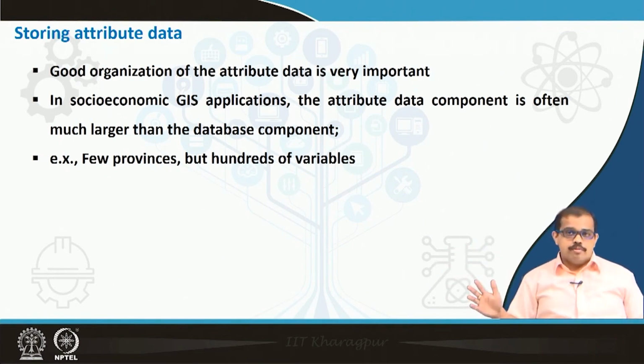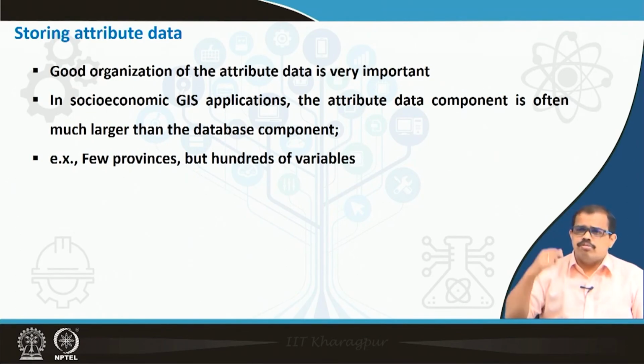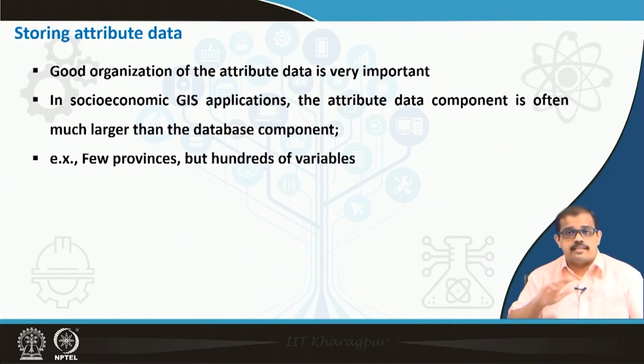If you don't have attribute data, then that particular thing is not even called a database. It can be just a geographic base. Okay, for example, few provinces, hundreds of variables. Any socioeconomic survey, any physical survey, etc., will have a huge amount of attribute data. Without attribute data, your database has no value.